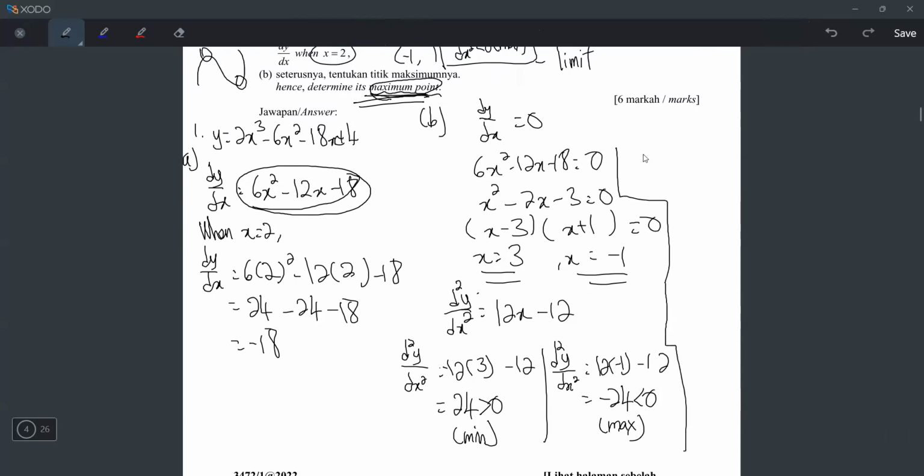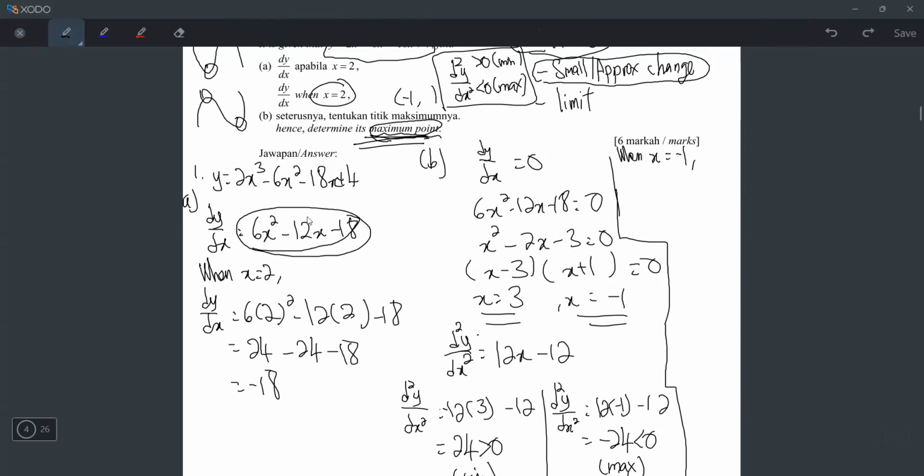So I will substitute x equals -1 into the original equation. Not this one. You don't substitute into this. You want to substitute into the original equation, this one, because I'm trying to find the y coordinate now. So y equals 2x power 3 minus 6 bracket squared minus 18 bracket plus 4. So substitute -1, -1, -1.